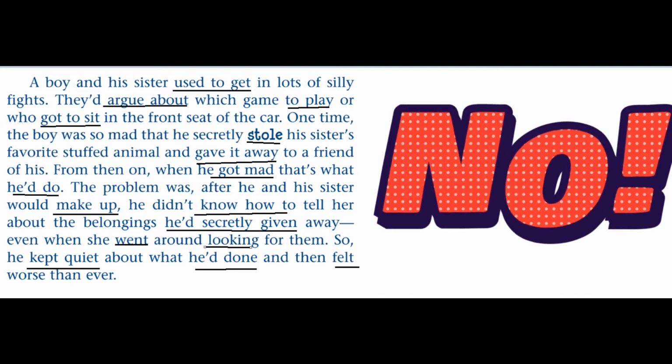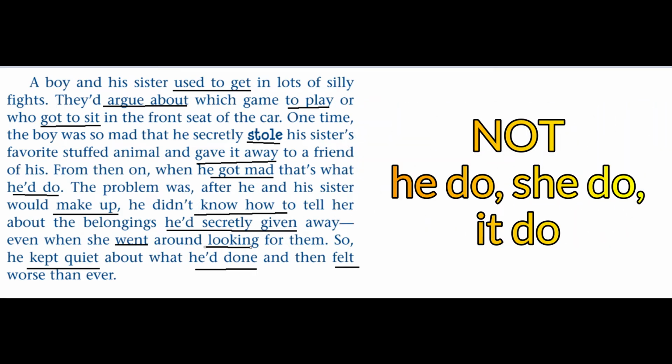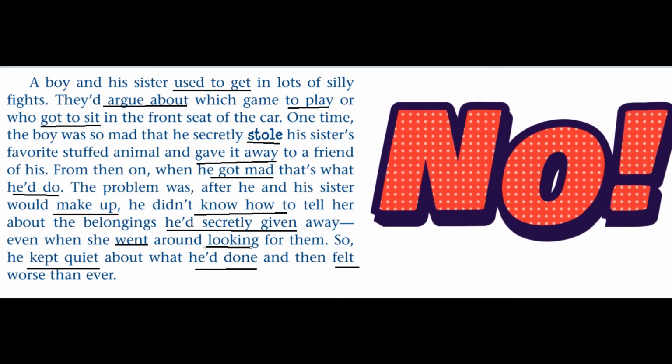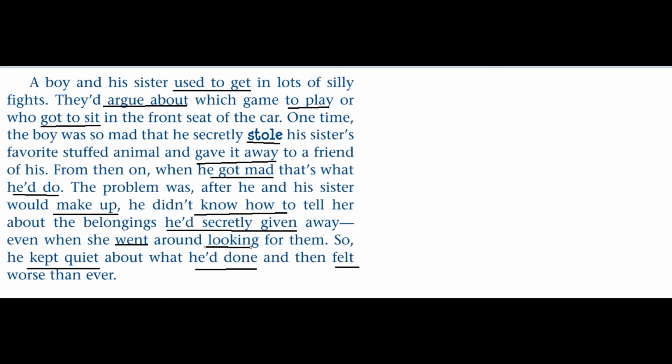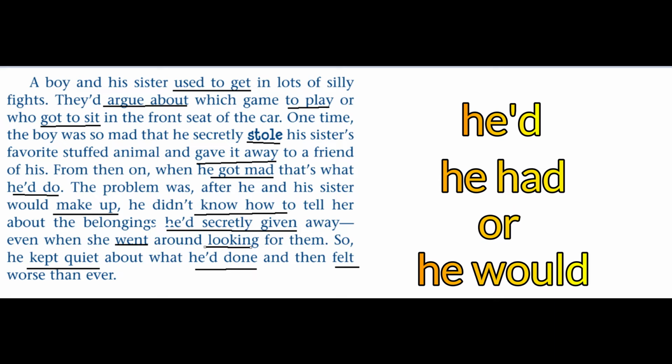We never, never say he do or she do or it do. Never say that. But see that apostrophe and that D? He'd. That is either he had or he would.